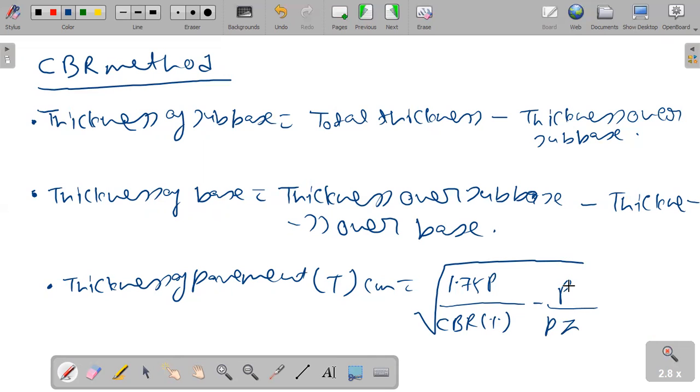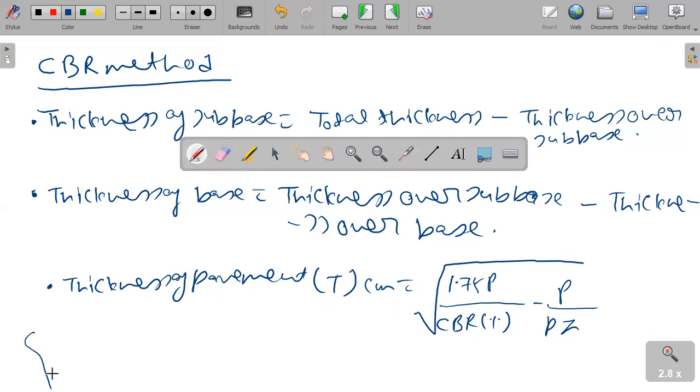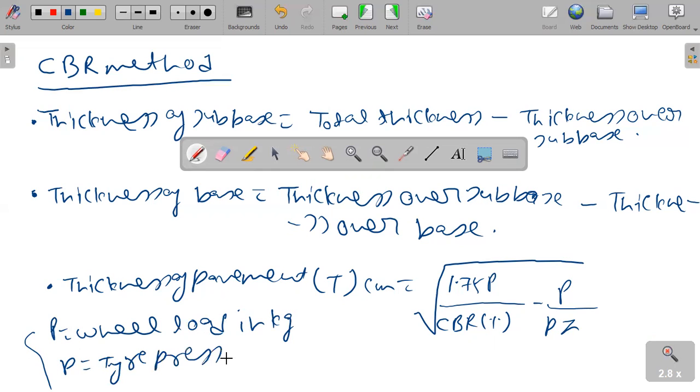Where P is wheel load in kg, and small p is tire pressure in kg per centimeter square.